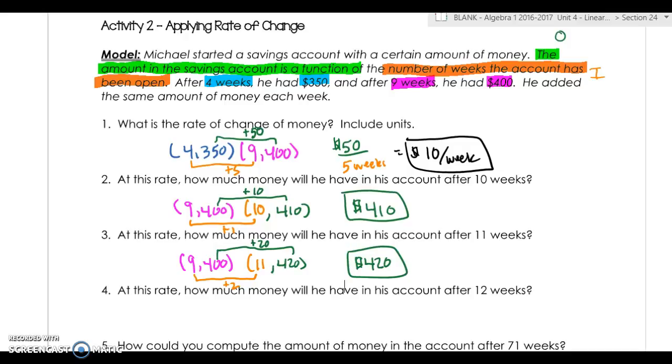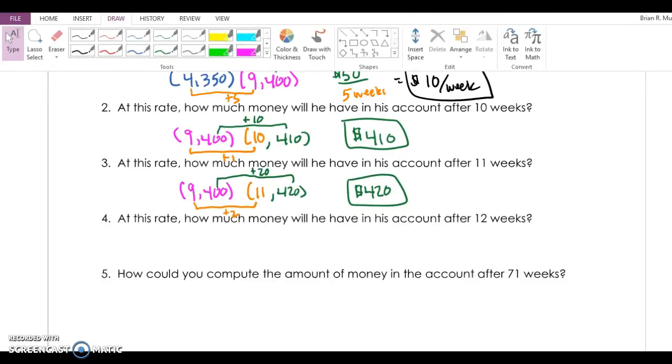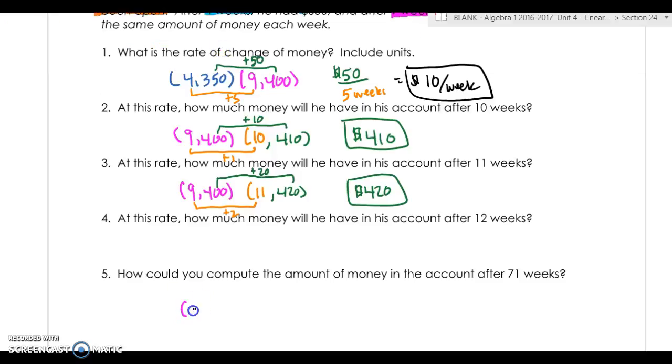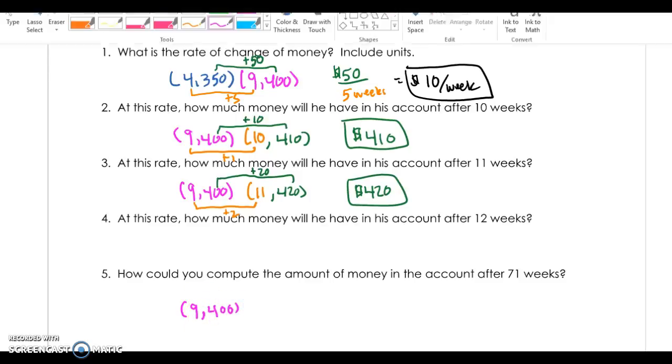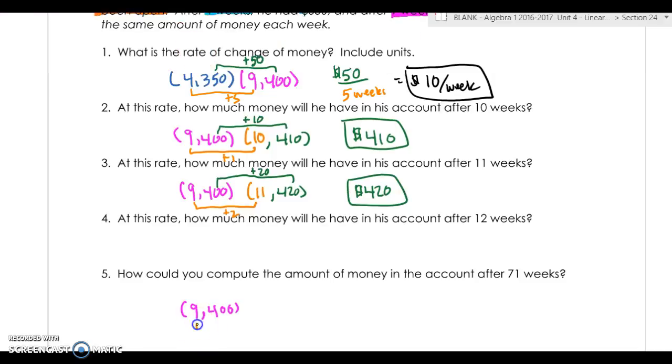And the reason I'm showing that is because in number 5, we're saying, okay, what about the 71st week? It's not just easy like, okay, I'm going to keep adding 10 every week. I don't want to do that all the way up to the 71st week. So I'm going to go back to my point 9, 400. Again, it's a known point, so it's a good one to use. From the 9th week to the 71st week is 62 weeks.